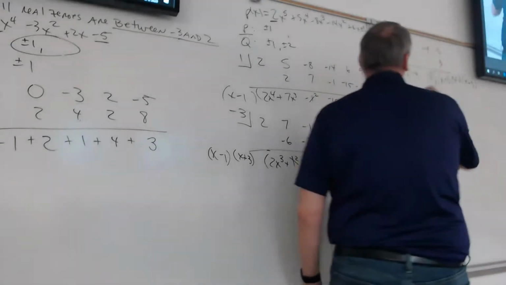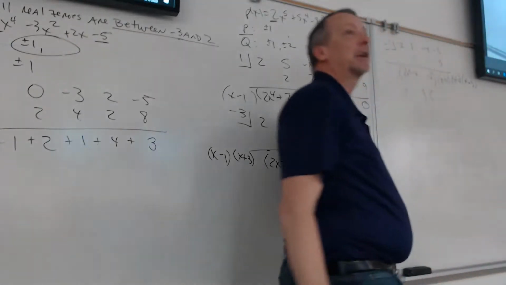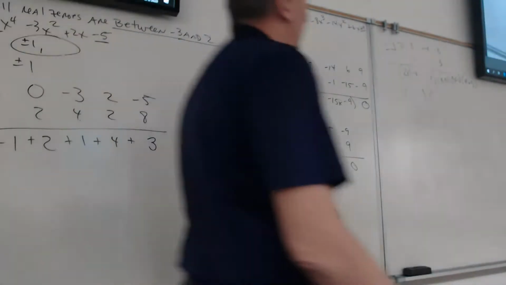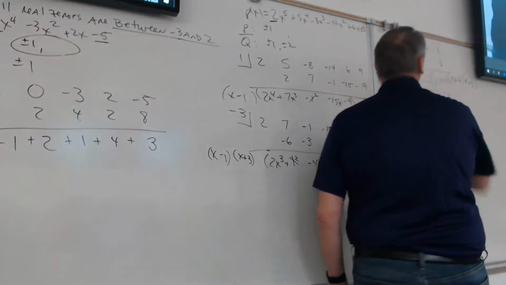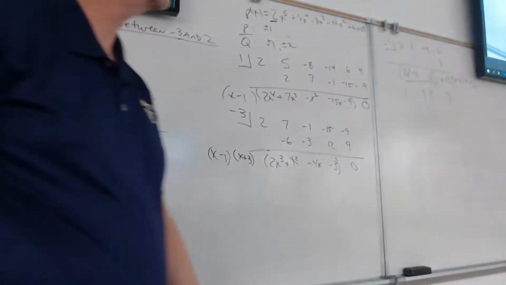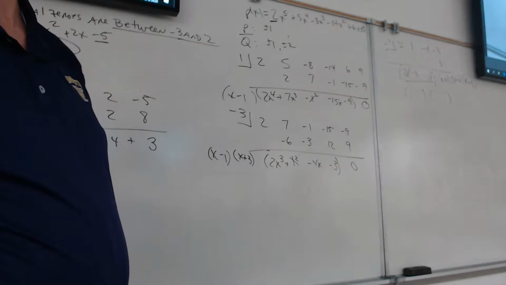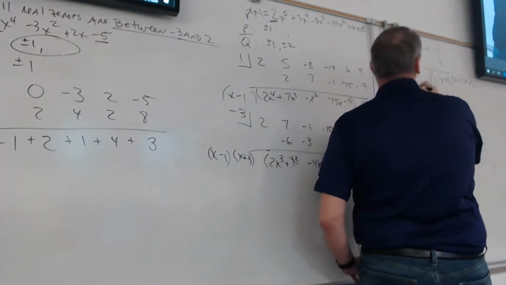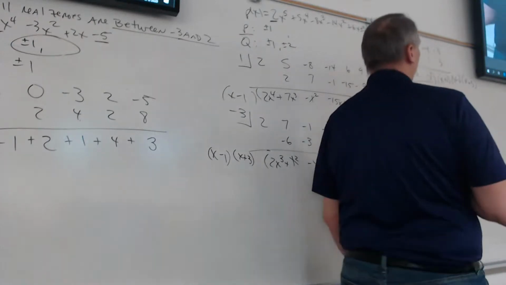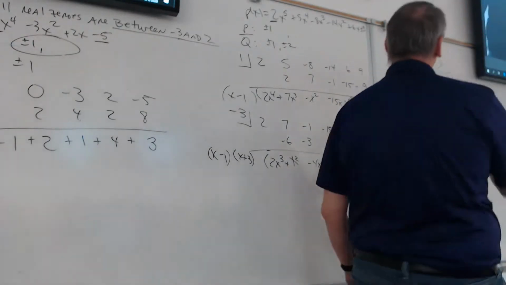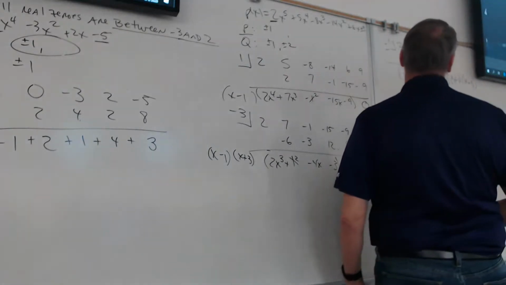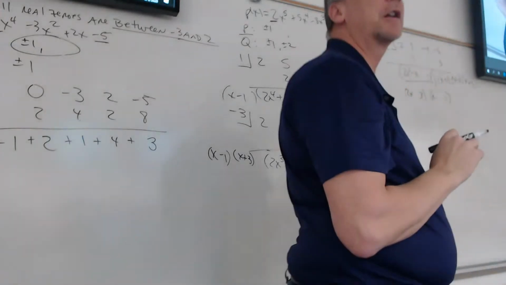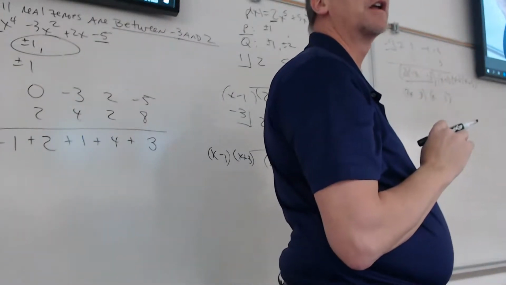Okay, is this factorable? Let's pick on Tyler. Is that factorable? I think it is. What are your factors of 2x squared? 2x and x. Your factors of 3? 3 and 1. So let's see here. If I got 3x and 2x, I can get a -x if I get my signs right. What are my signs?